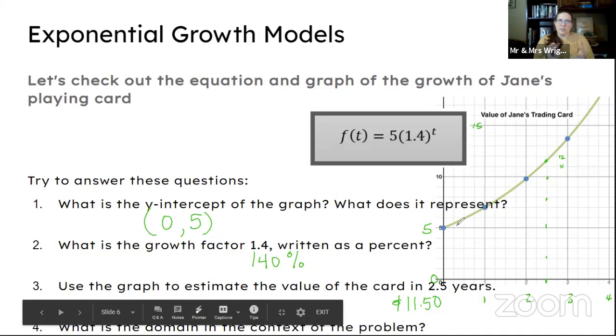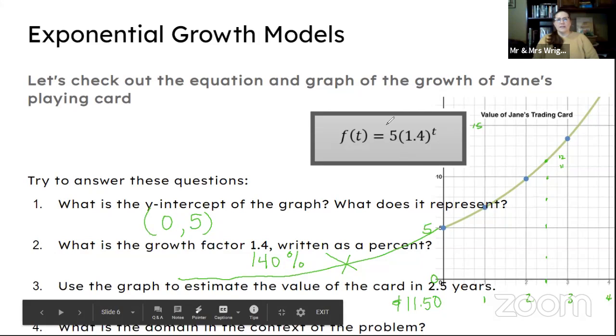It's not possible for her to own this card for a negative amount of years. We already said that, right? So it means that if this graph were to continue over in this direction, exponential would go continuously down, right? This is not possible because she would have to own the card for a negative amount of years in order for that graph to continue on in that direction.